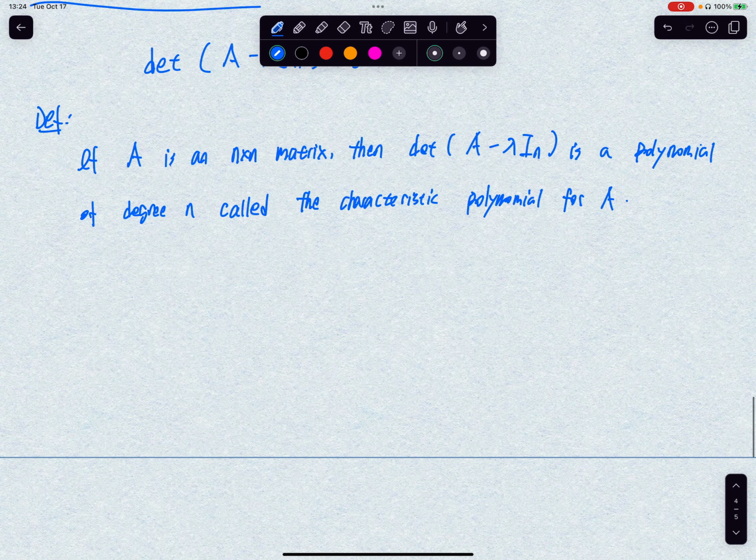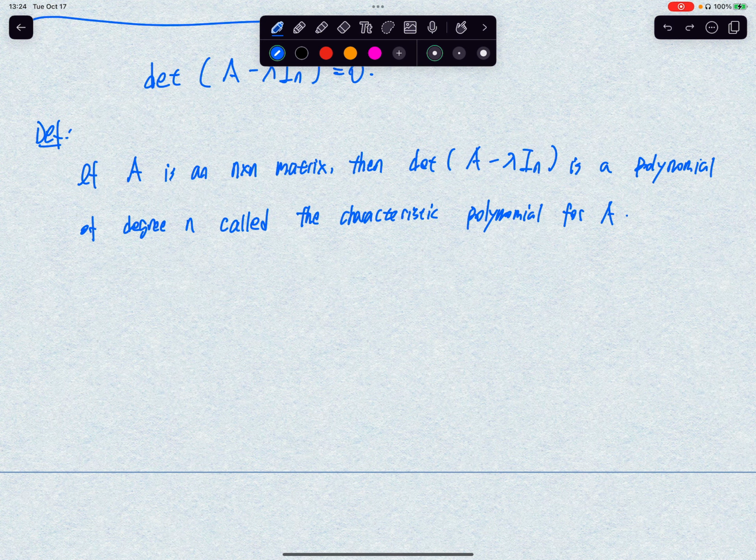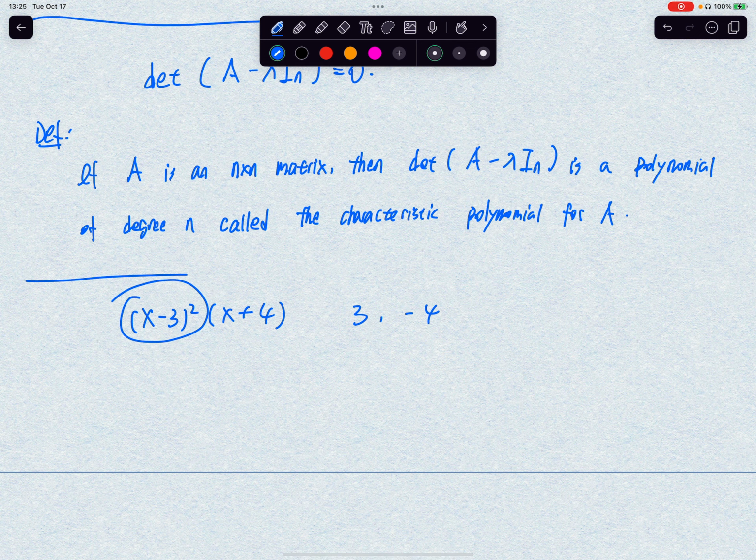So in general, for a factorized polynomial of the form, for example, (x minus 3) squared times (x plus 4), we know that it has three solutions since the degree is 3. They are 3 and minus 4, but since the first factor has a power of 2, the algebraic multiplicity of 3 is 2.